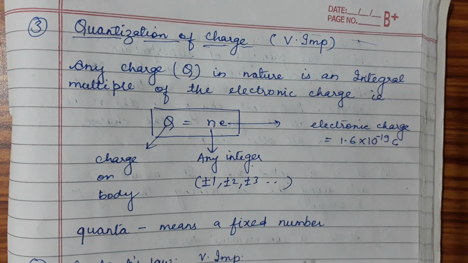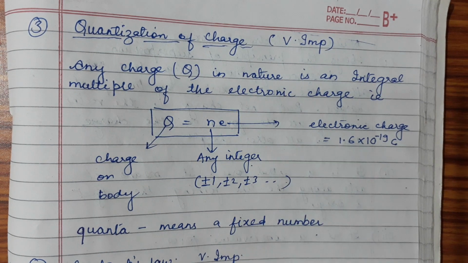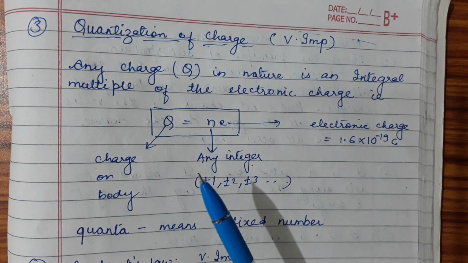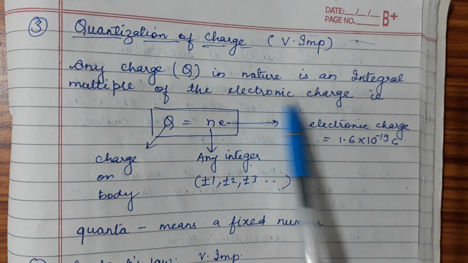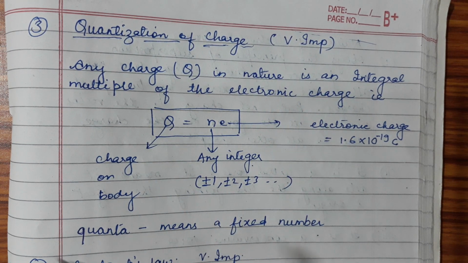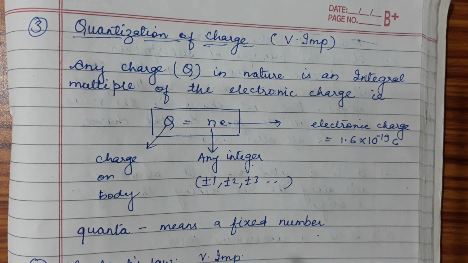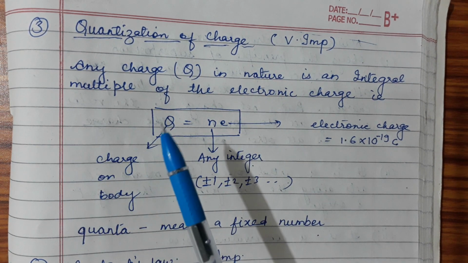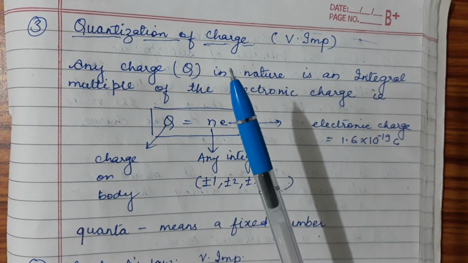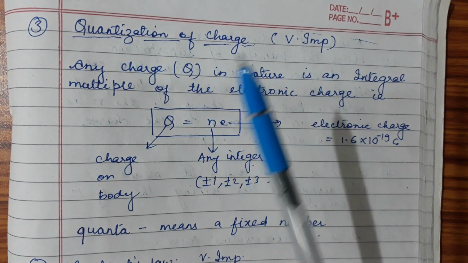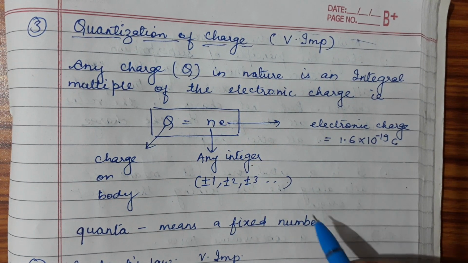So what does this word quantization mean? Quanta means a fixed number. So it says that charges also exist in nature as an integral multiple of the electronic charge. Just like if I wish to purchase a duster or a pen, I can purchase 1 pen or 2 pens or 3 pens or n pens, but I cannot purchase 1.5 pens.